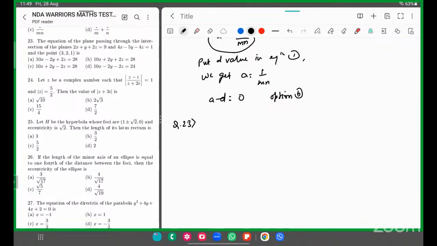Therefore, the required plane implies 2x plus y plus 2z minus 9 plus lambda times 4x minus 5y minus 4z minus 1 equal to 0.